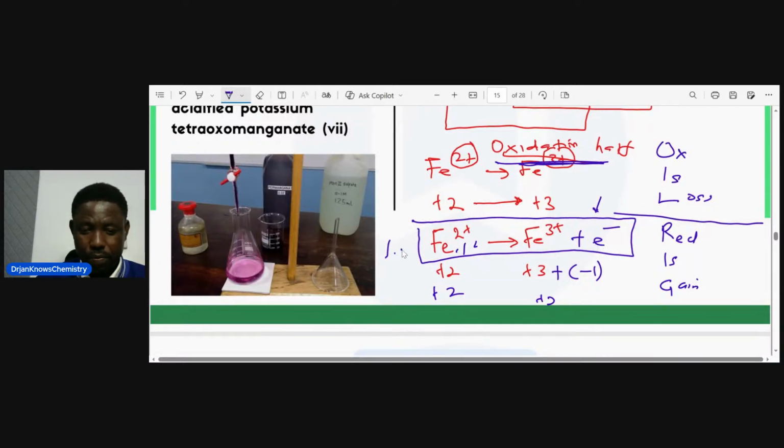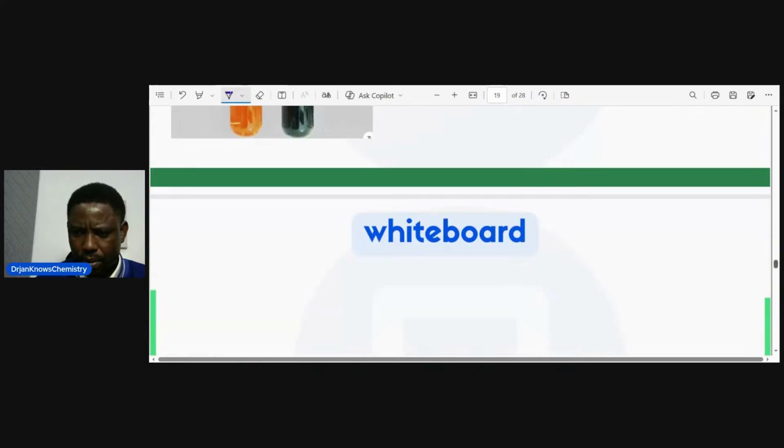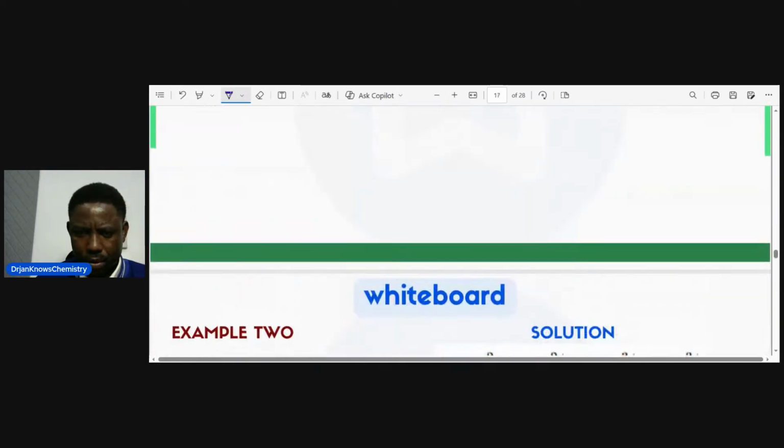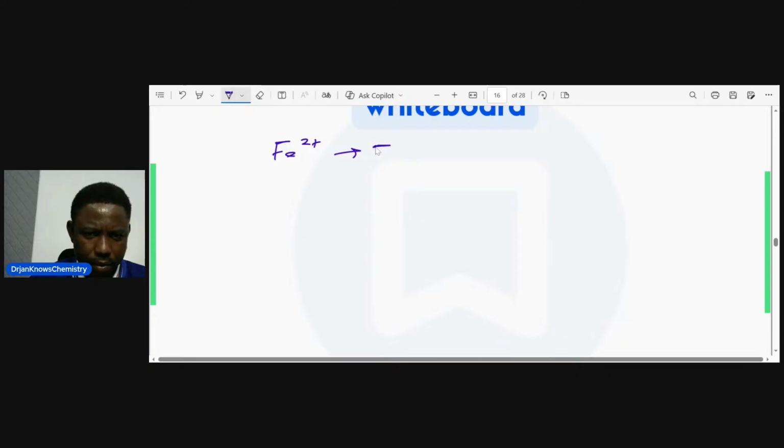Fe2+ to Fe3+ plus an electron. Let me put it properly here. So we have agreed that Fe2+ to Fe3+ plus an electron is our equation 1, which is the oxidation half.